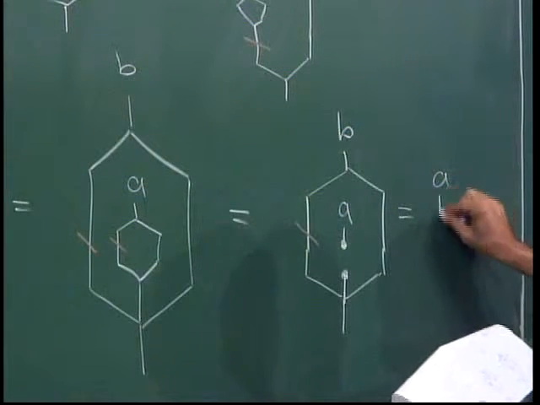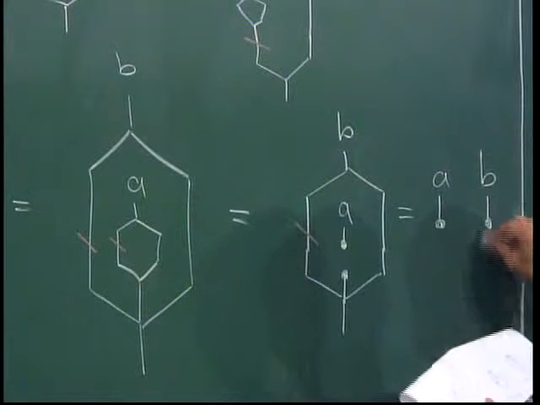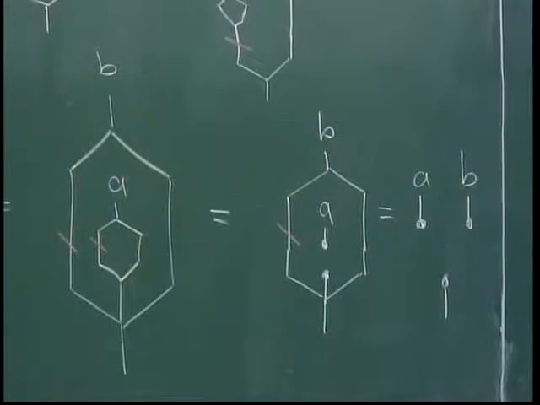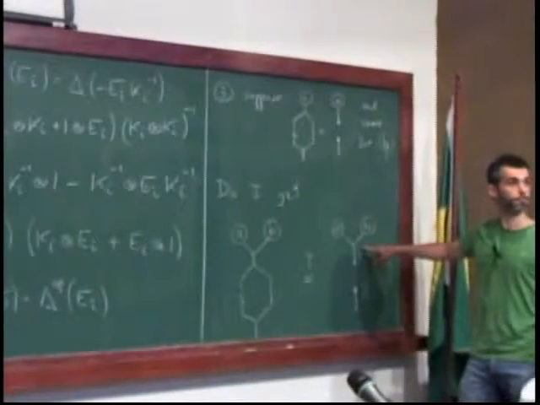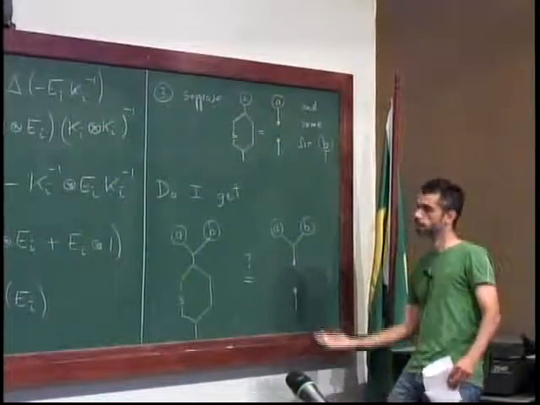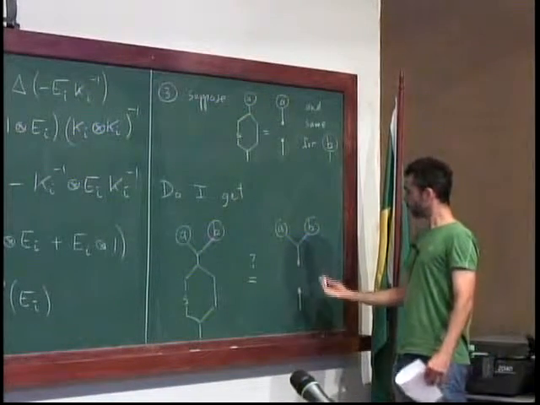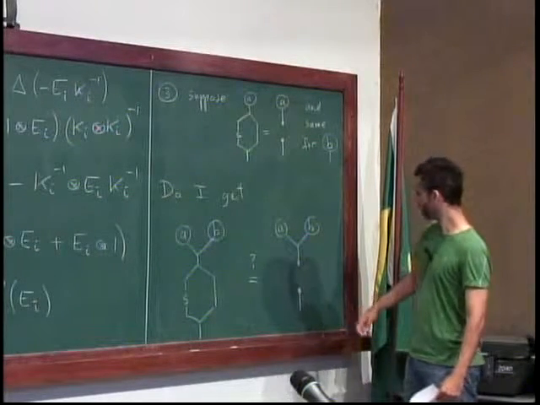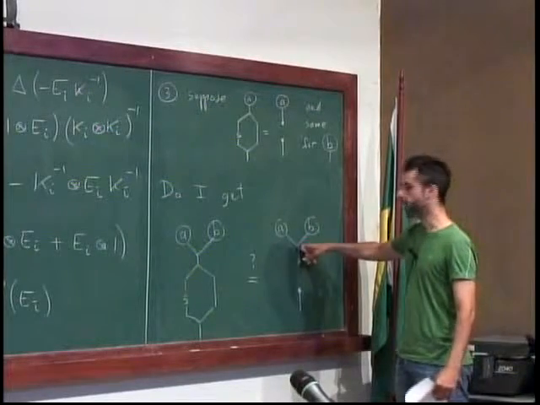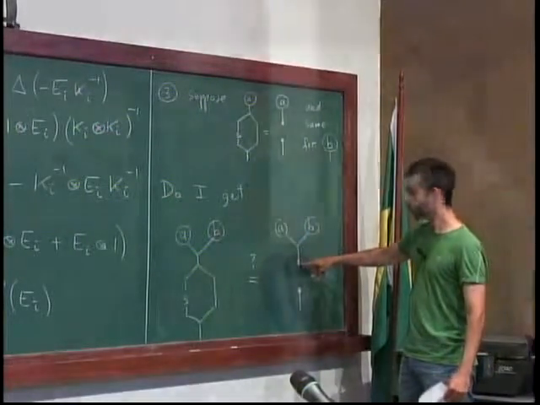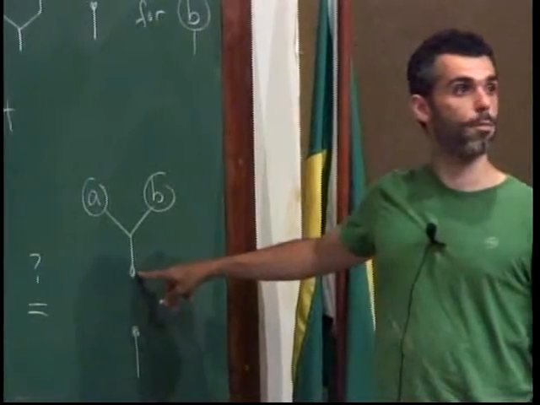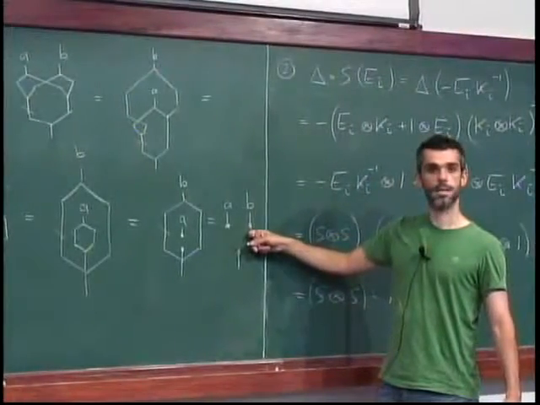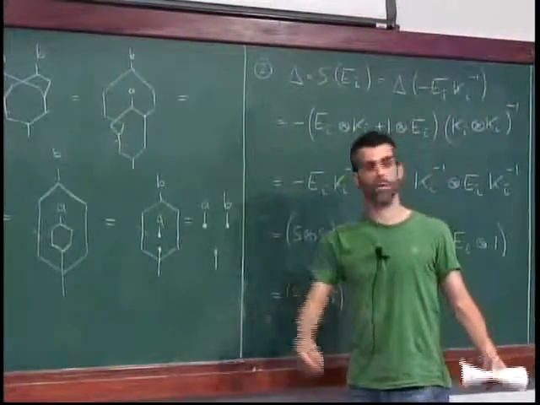And we'll have a, b, and that. And then this is the same thing as that, because the co-unit is an algebra homomorphism, and therefore the co-unit on a times b is the co-unit of a times the co-unit of b.